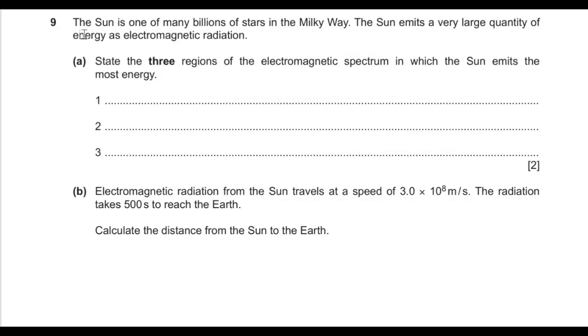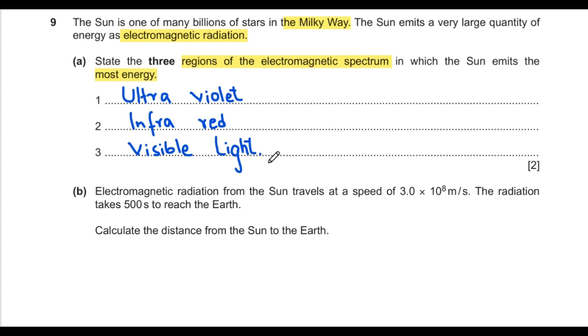Ninth question says the sun is one of many billions of stars in the Milky Way. The sun emits a very large quantity of energy as electromagnetic radiation. Name the three regions of the electromagnetic spectrum in which the sun emits the most energy. The radiations that are coming out of the sun having the maximum energy are ultraviolet radiation, infrared and visible light.